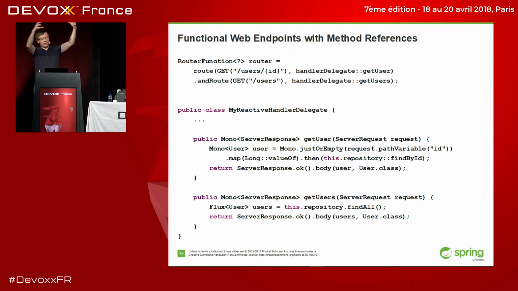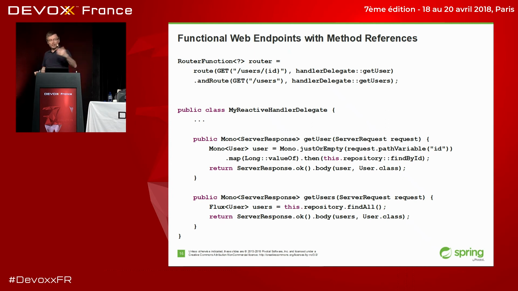Here's the incoming predicate, the kind of request that comes in here. Delegate to that handler method. And for this other route, get users / users, delegate to the other handler function. Router functions and handler functions, the programmatic representation for what Spring MVC style controllers usually do for you.